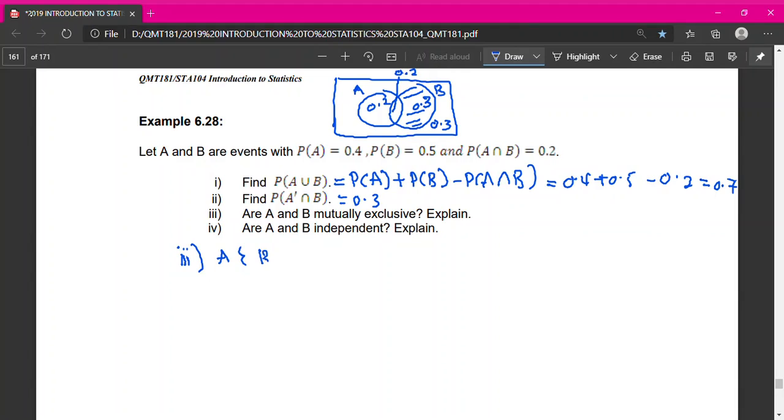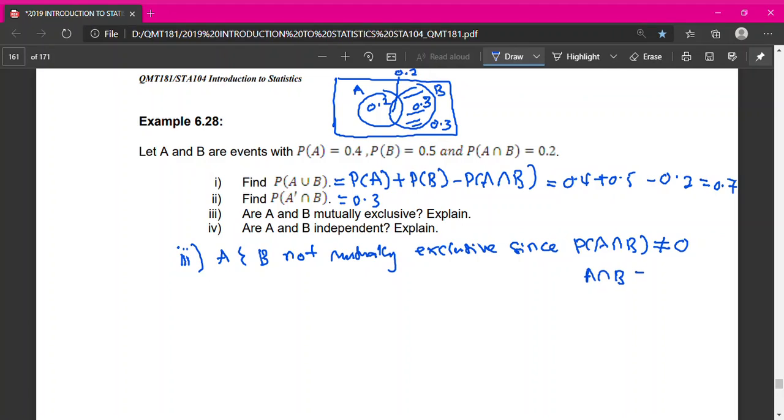A and B not mutually exclusive since probability of A intersect B not equal to 0, ada value, ataupun since A intersect B not the null set. Kalau null set, barulah mutually exclusive.